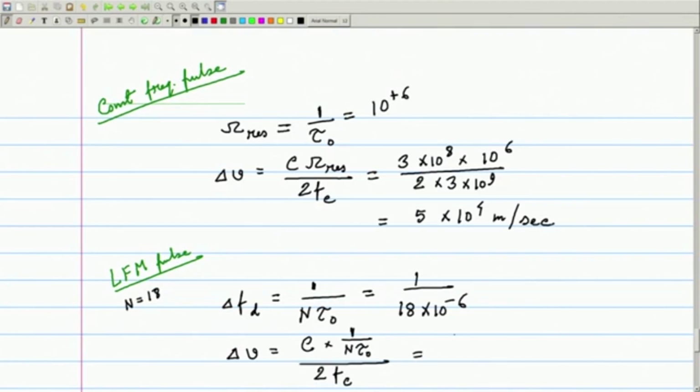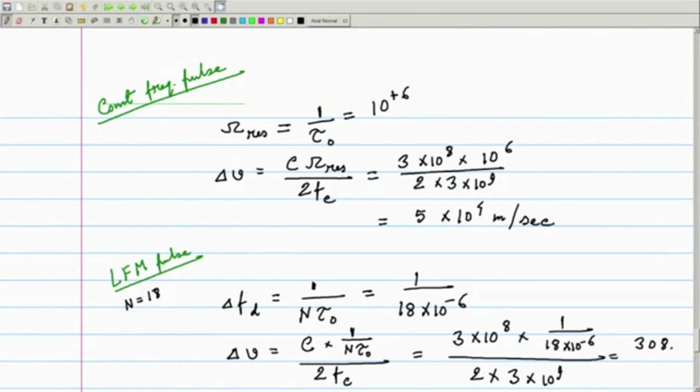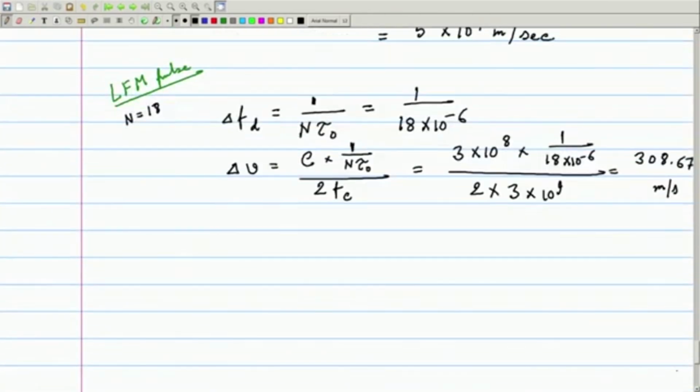That will be 3 into 10 to the power 8 into 1 by 18 into 10 to the power minus 6, by 2 into 3 into 10 to the power 9. Basically, that will give you 308.67 meter per second.